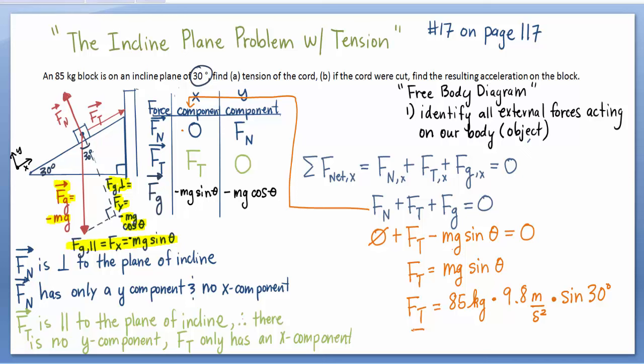Doing these multiplication operations, we get Ft is equal to 42.1 newtons, and we can say that that is 42 newtons.